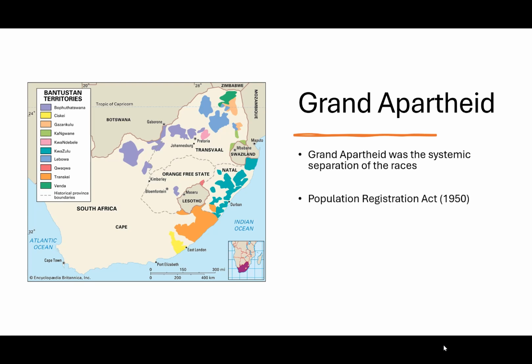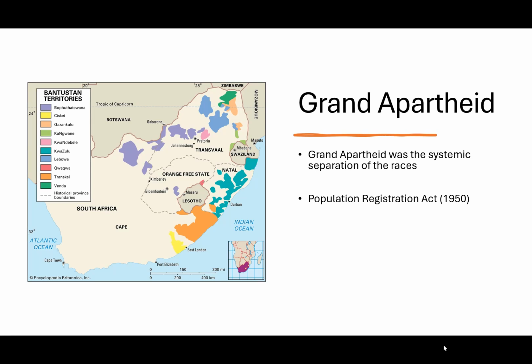And the first thing we see that gives birth is the Population Registration Act. Because one of the things is, how do we know who is black, who is white, who is colored? How do we know these things? So people were forced to register their population grouping, their race. And this is a really tense moment because people who were colored, if they didn't look colored, if they looked African, they wouldn't pass a so-called skin test.